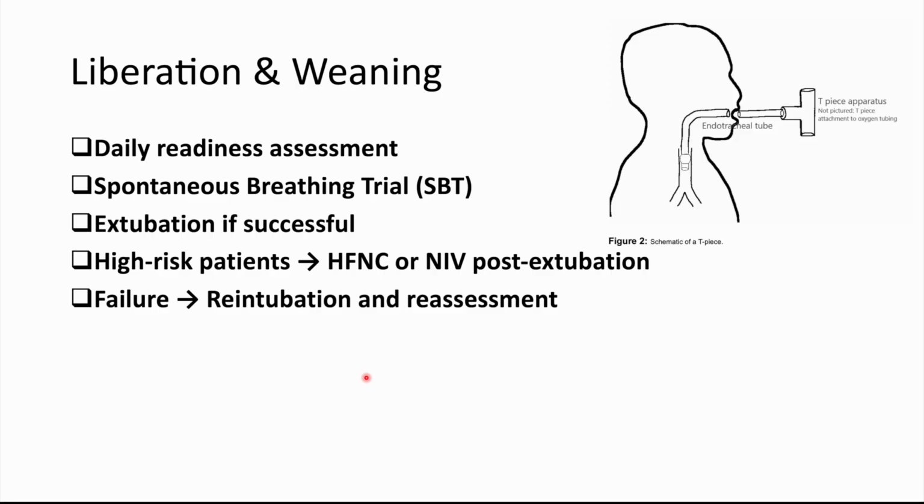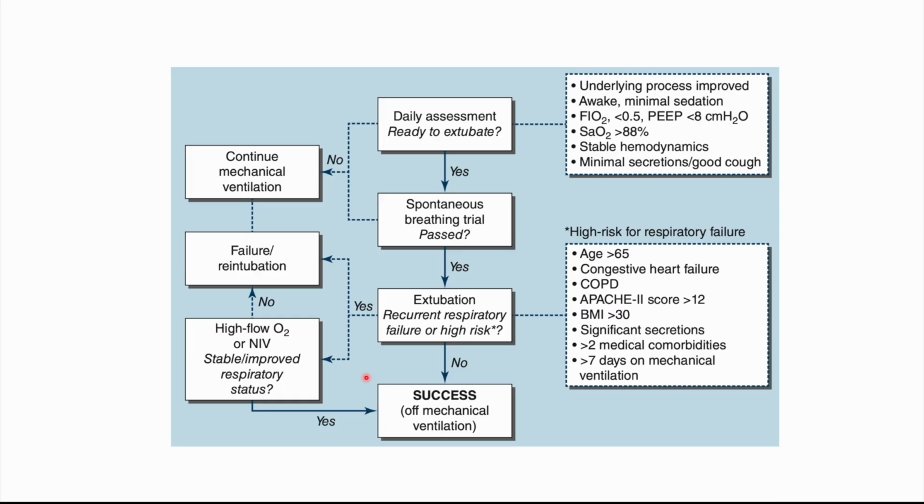So every day we must assess readiness. This includes stable hemodynamics, adequate oxygenation with FiO₂ less than 40 and PEEP 5, and resolution of primary illness. The most common test is the spontaneous breathing trial. There are different ways to do this.